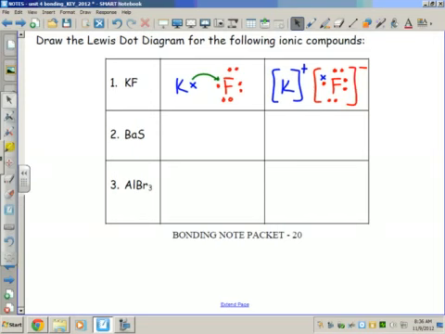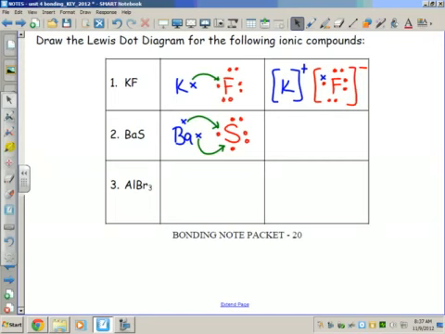The example below that, barium sulfide. We'll learn how to name these later. Barium, if you look it up on the periodic table, is in group 2. So barium has 2 valence electrons. Sulfur is group 16, which means it has 6. We illustrate the transfer. 1 electron snaps here, 1 electron snaps in down there.